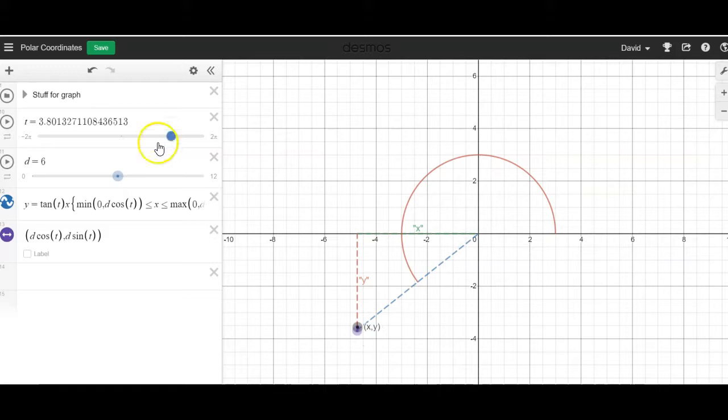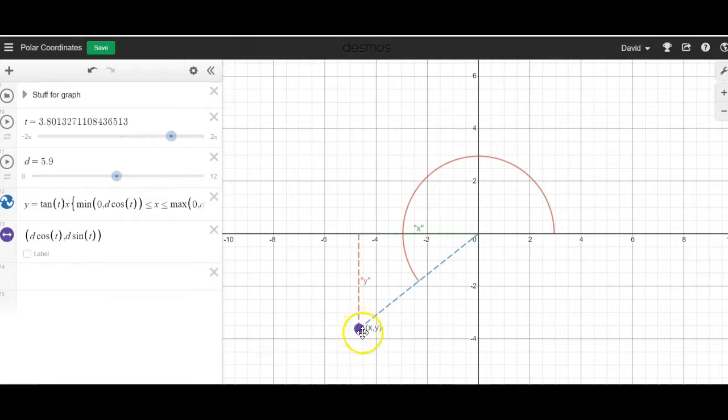So the point is, what I'm trying to get you to see here is any point that we have, any rectangular coordinate that we have in the plane, there is an equivalent, and as we'll see later, multiple equivalent what we call polar coordinates for that point.